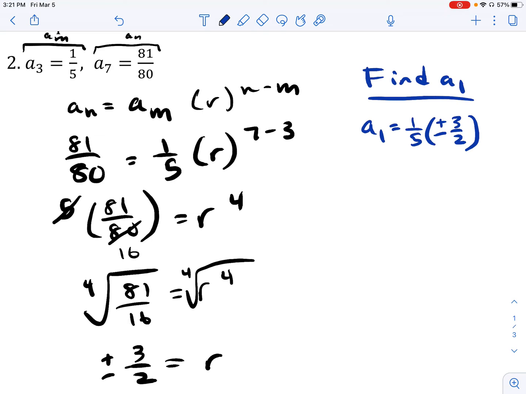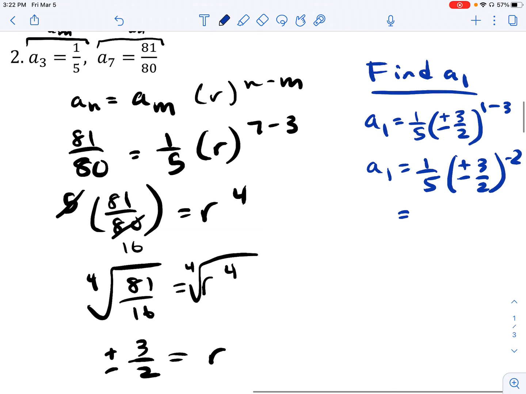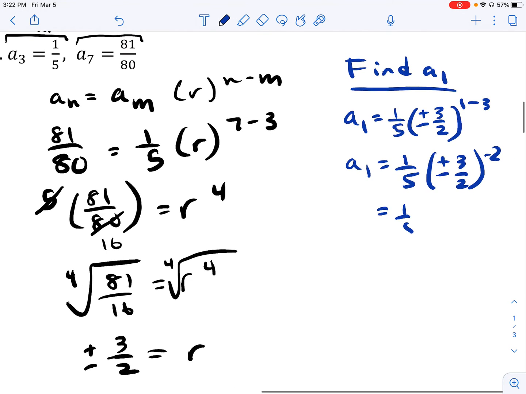And what was the difference in order? It's n, in this case I'm solving for the first, minus m, which was 3. 1/5 was the third term. So a sub 1 is equal to 1/5 times plus or minus 3 halves to the negative 2 power. And when we're raising something to the negative 2 power, that's equivalent to taking the reciprocal to the positive 2 power.